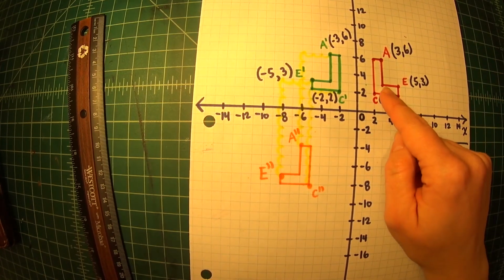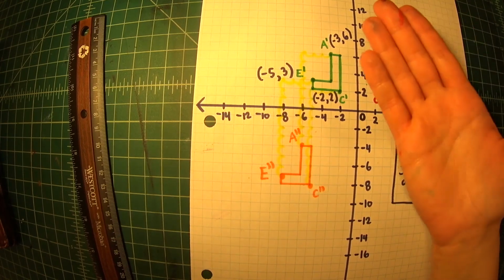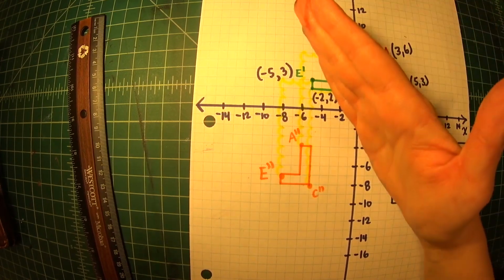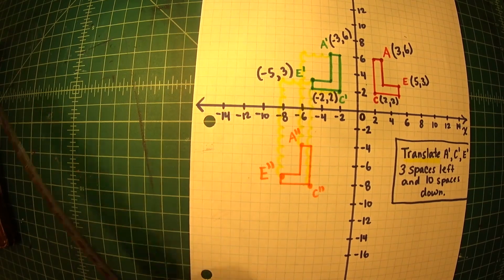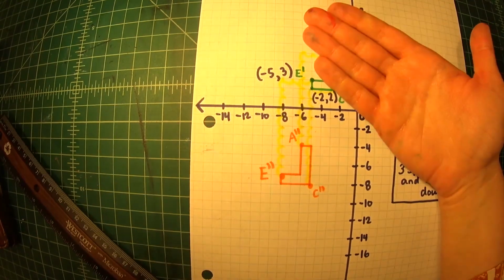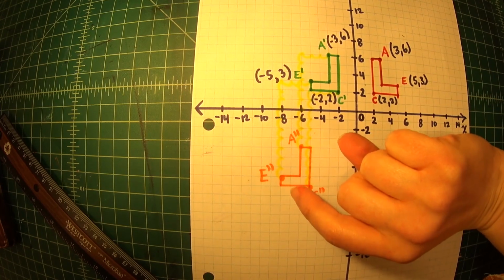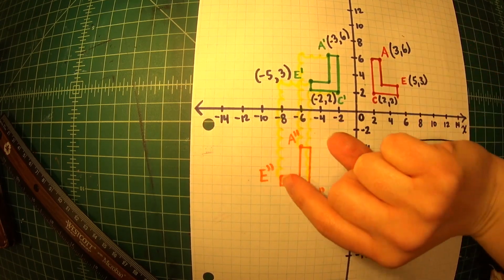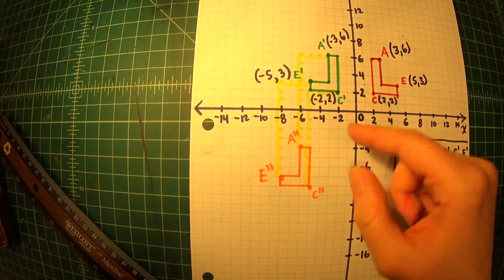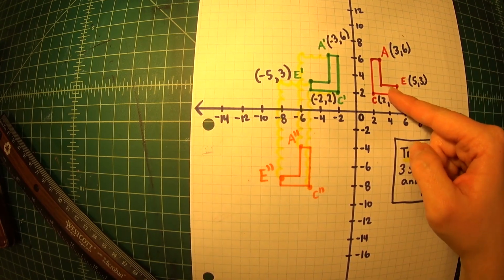Same thing if it asks us if it was a reflection of the original. That's a no, because there's nowhere that I can put a line of reflection. Even if I put it here, my L is still going to end up getting flipped over. So it can't be a reflection of this first one either.